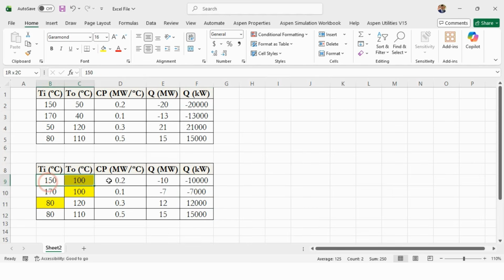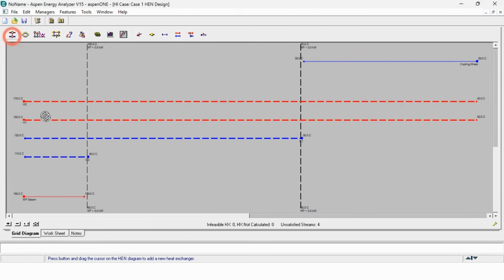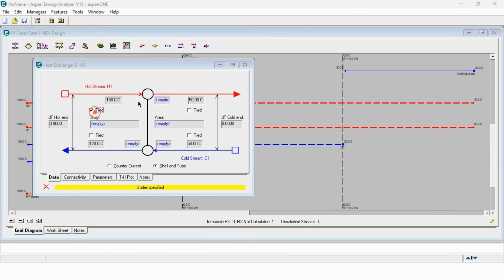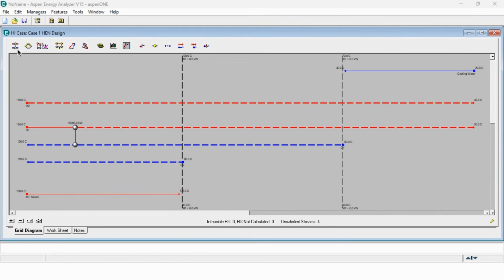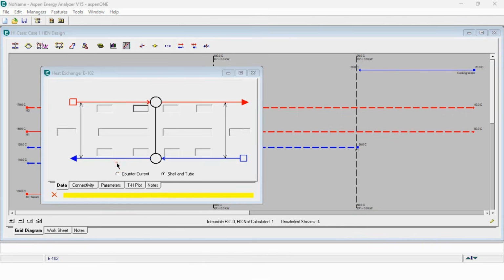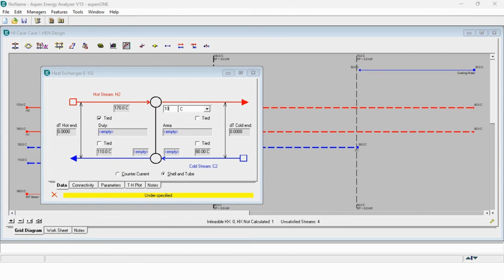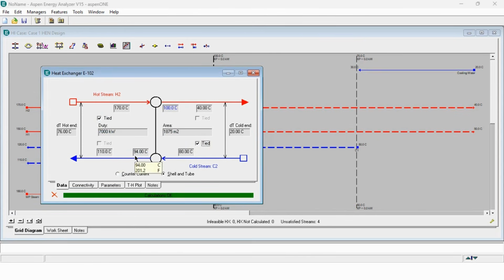What we need to do is first connect this stream, which is our H1, with C1. So we will connect H1 with C1 over here, 150 to 100 degrees centigrade, 82, and obviously it goes to 113.3. Connect H2 with C2, 170, 100, 82, 94.